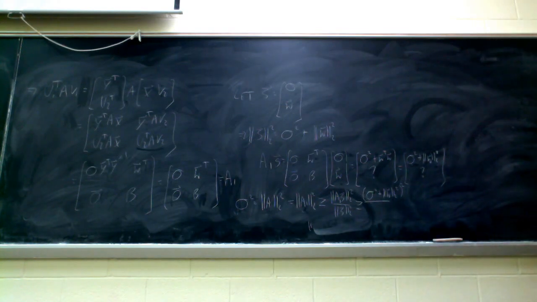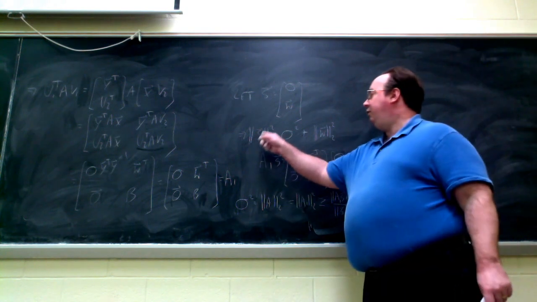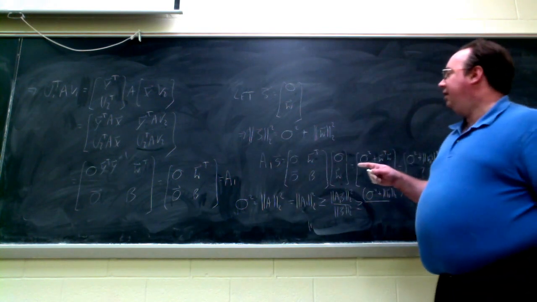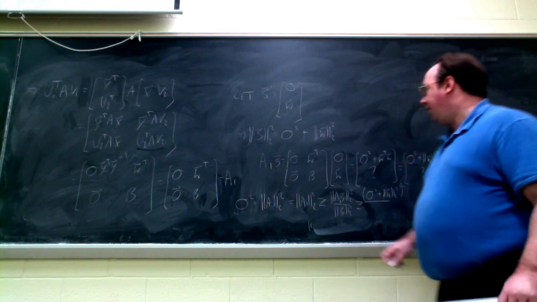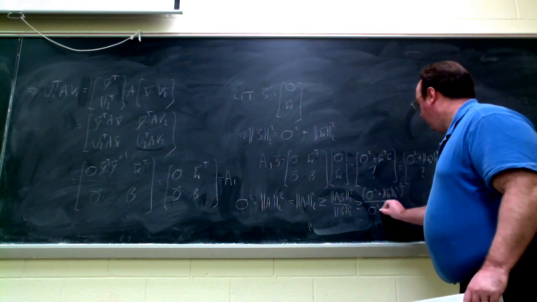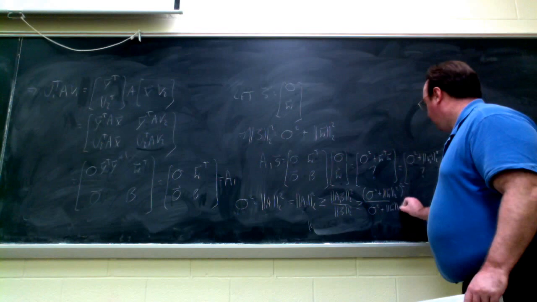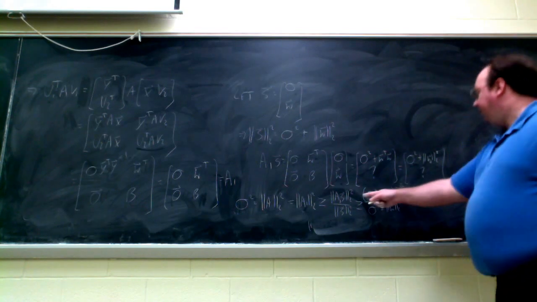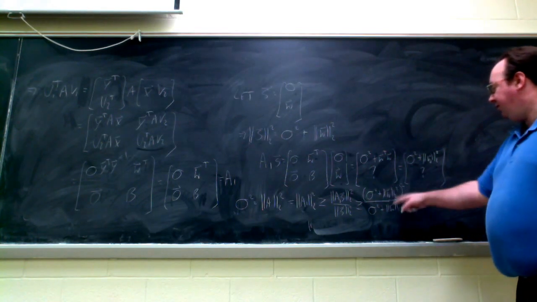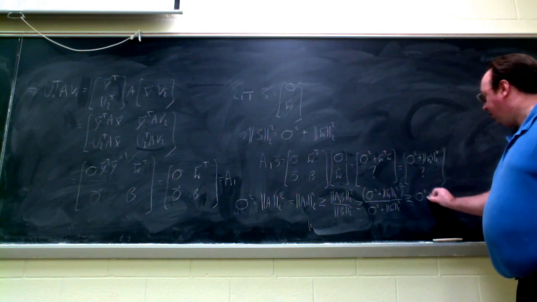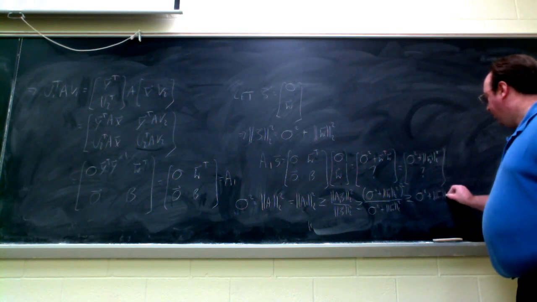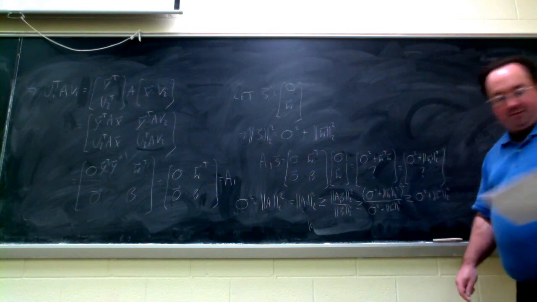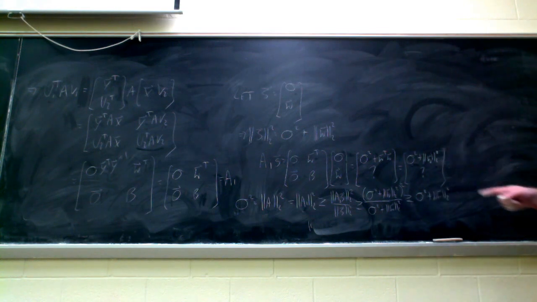And here, the 2 norm of S squared is equal to this, so I can go ahead and fill that in too. So now I can simplify. One of these cancels, so I get sigma squared plus this. So now I'm saying that sigma squared is greater than or equal to itself plus something that can't possibly be negative.